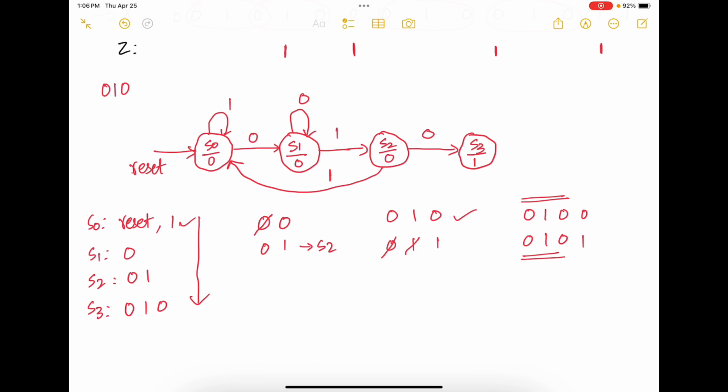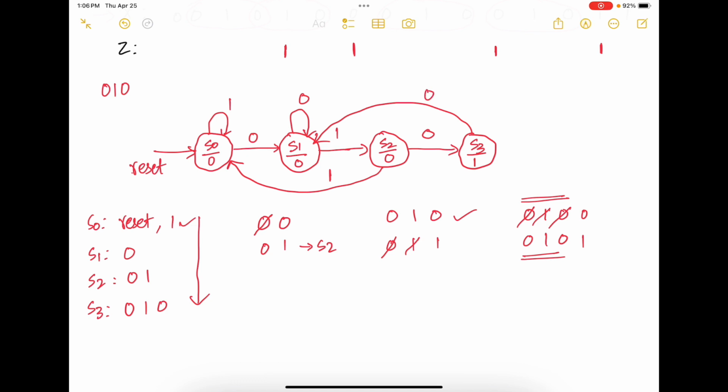So let's try to figure it out. If you get a 0, that's 0, 1, 0, 0. Is there a state with 0, 1, 0, 0? No. Is there a state with 1, 0, 0? No. Is there a state with 0, 0? No. Is there a state with 0? Yes. And that's S1. So if you get a 0, you move to S1.